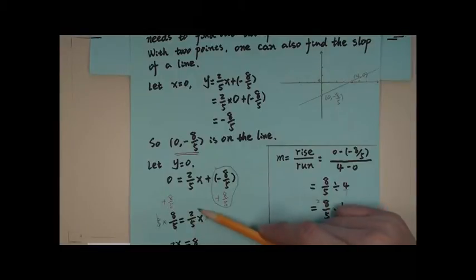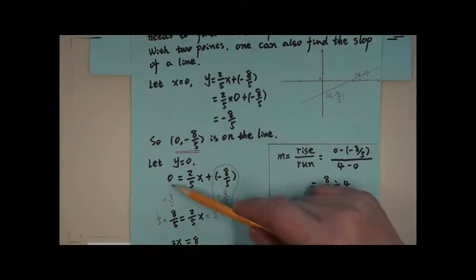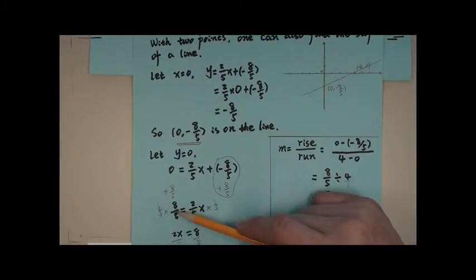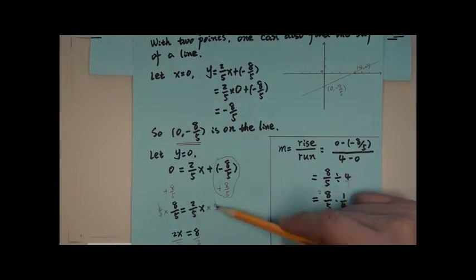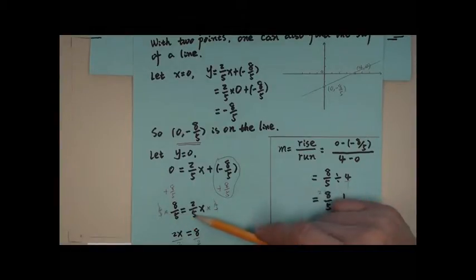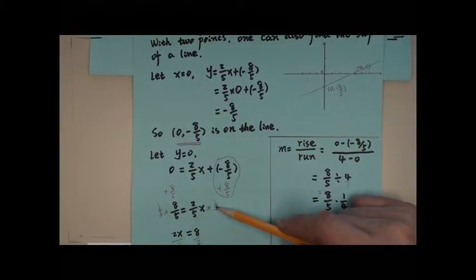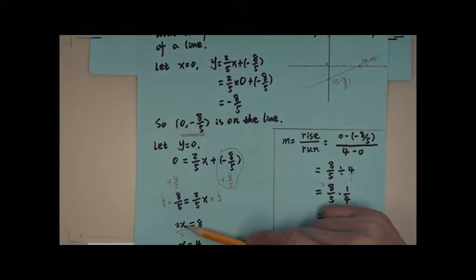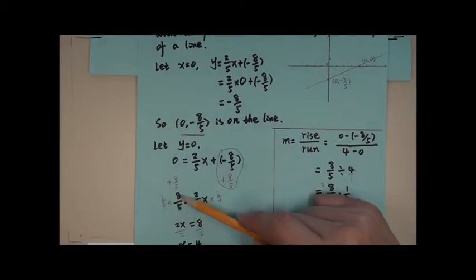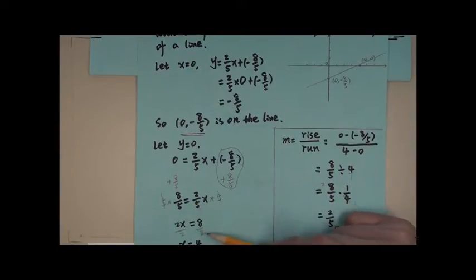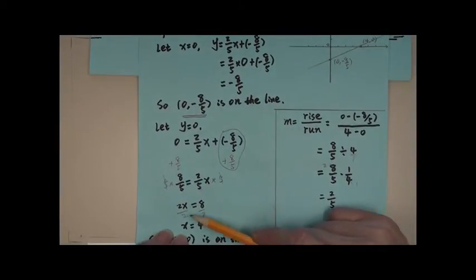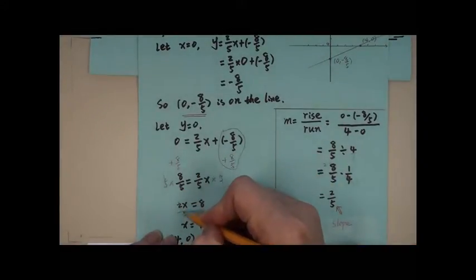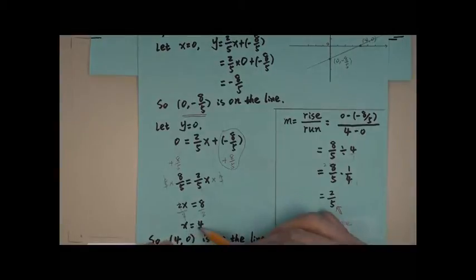Multiply both sides by 5. You can cancel the 5s, you have 2x left and 8. Both sides divided by 2, you cancel the 2s. So you have x equals 4.